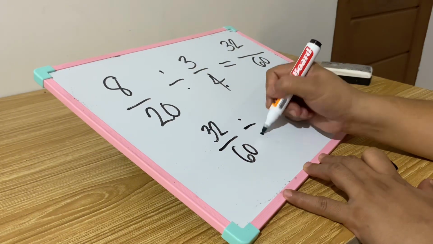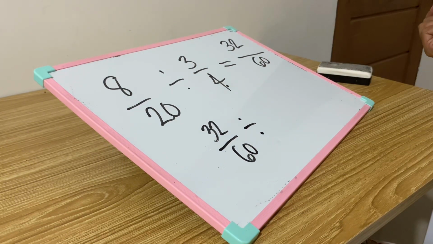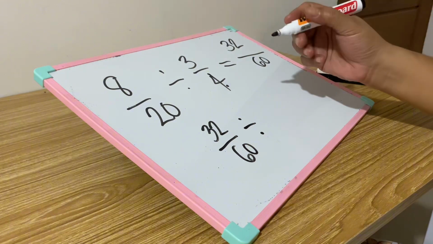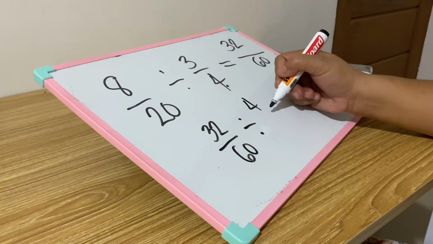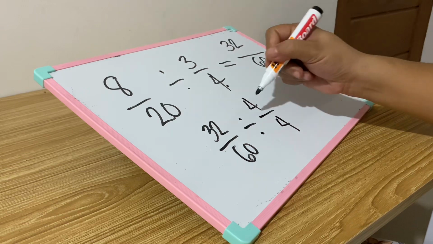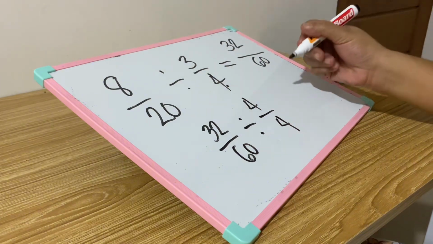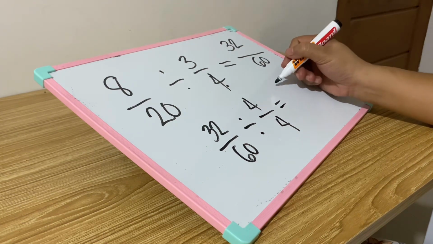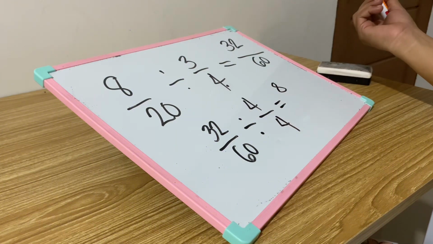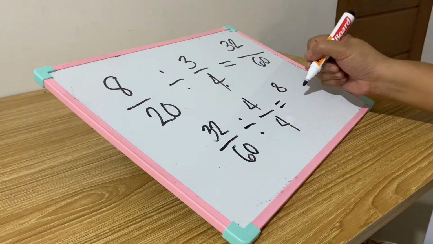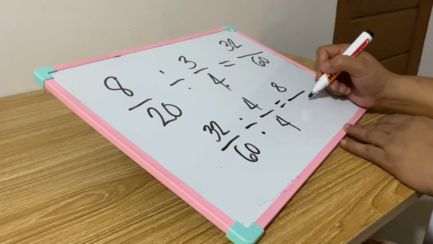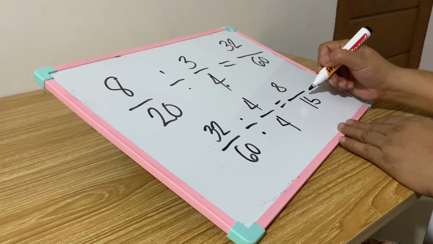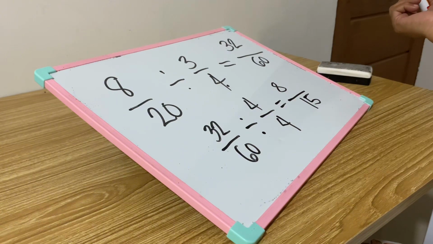So what do you think is our GCF? Okay, these two numbers are divisible by 4. 32 divided by 4 equals 8. Right? 60 divided by 4 equals 15.